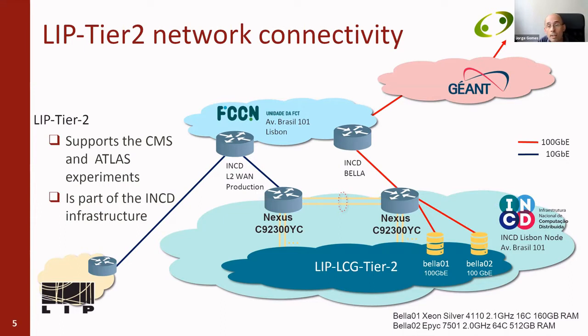These servers are then connected through a dedicated link to the Portuguese Academic Research Network, which is FCCN. Actually, the network equipment from FCCN is already hosted within the same data center where the Tier 2 is located, which facilitates the network connectivity. And then FCCN is connected to GN, which provides the connectivity to BELLA.